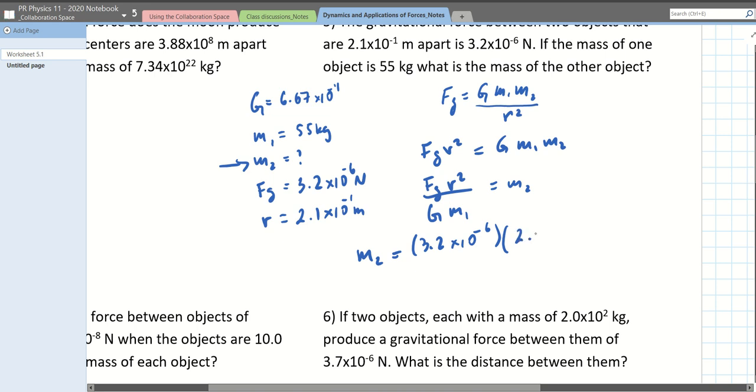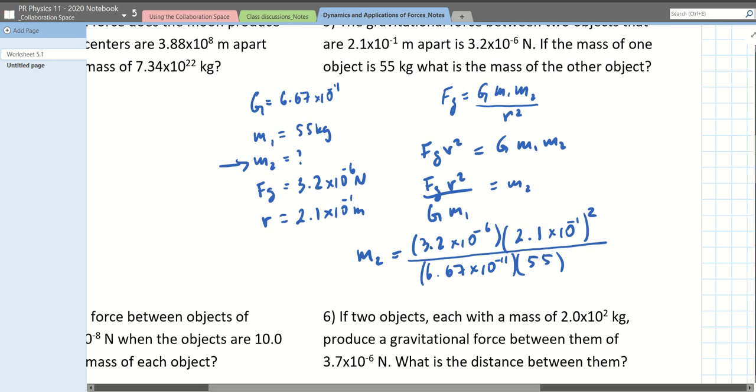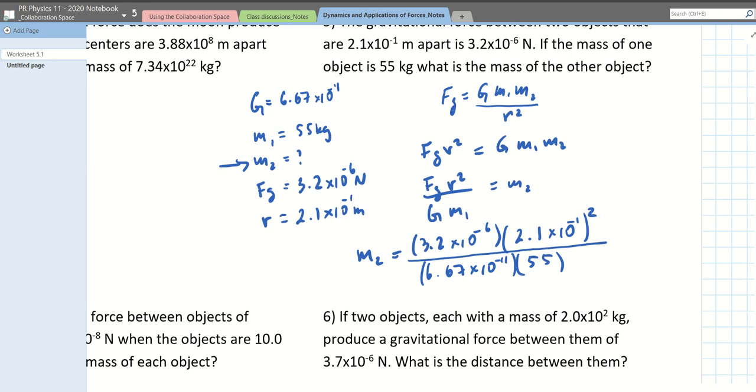So 2.1 times 10 to the negative 1 squared, over 6.67 times 10 to the negative 11, and m1 is 55 kilograms. So 2 sig figs, 2 sig figs. So it looks like our final answer should be rounded to 2 significant figures. So let's see what we get.